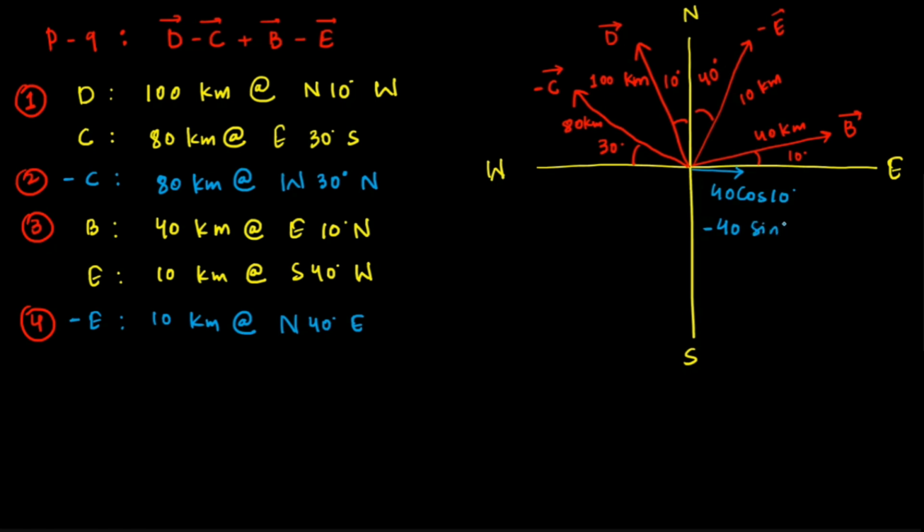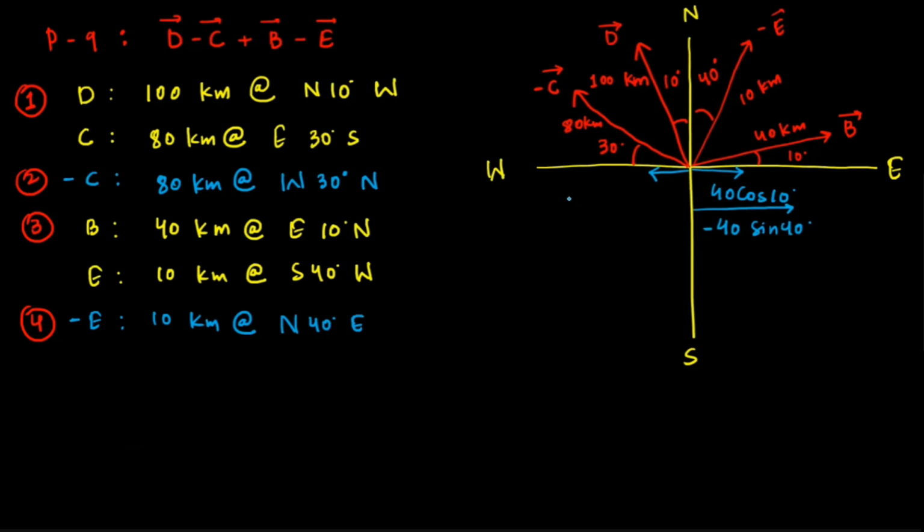If there is a problem in understanding how the sine and cos came, just let me know, because this is the most important thing. Basically, the closest side to the vector is cosine and the farthest side is sine, in simple terms. The component along the angle theta is always cos. The component opposite to theta is always sine.